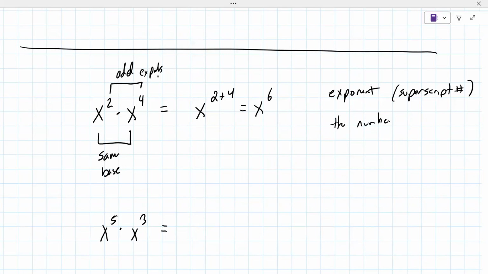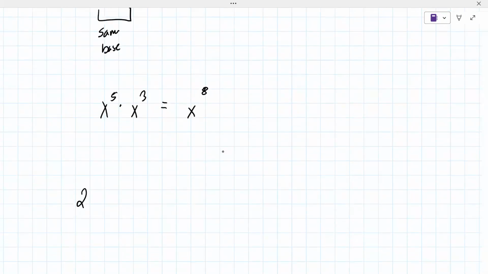What is x to the fifth times x cubed? So we have x to the 5 plus 3, then it equals x to the power of 8. Very good.